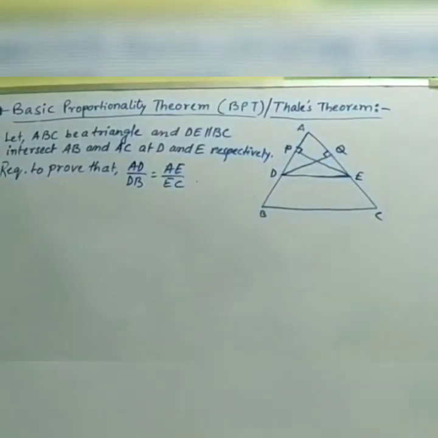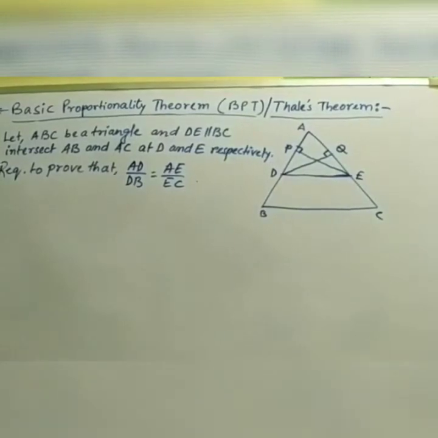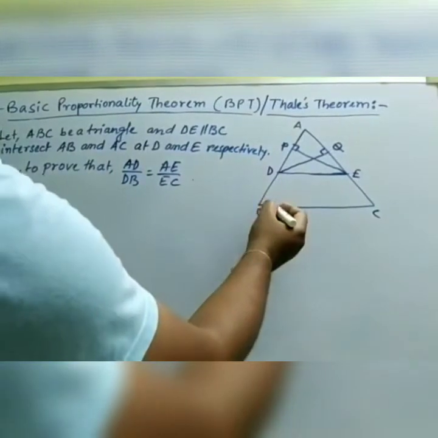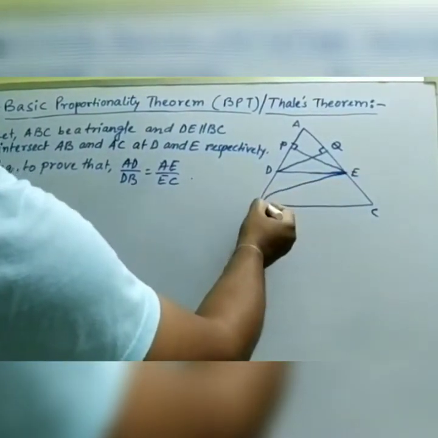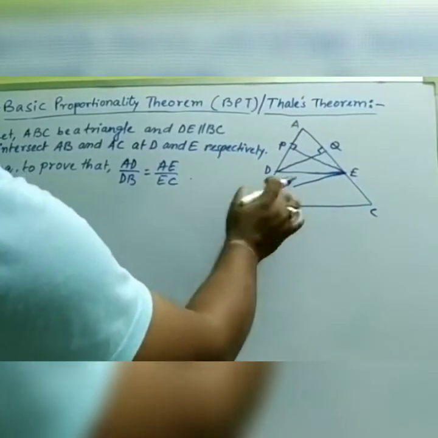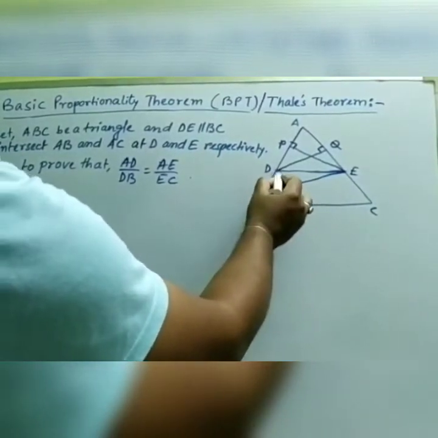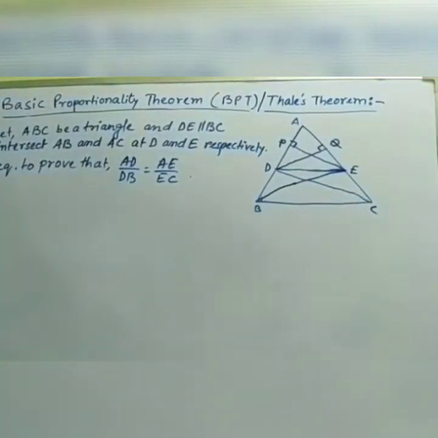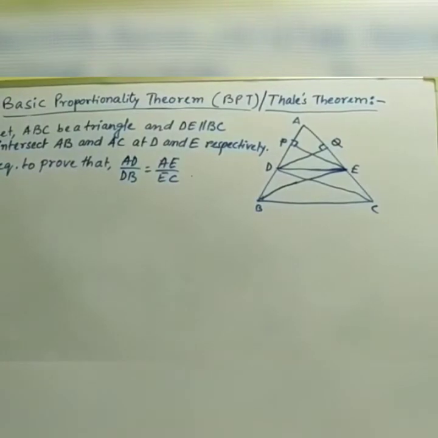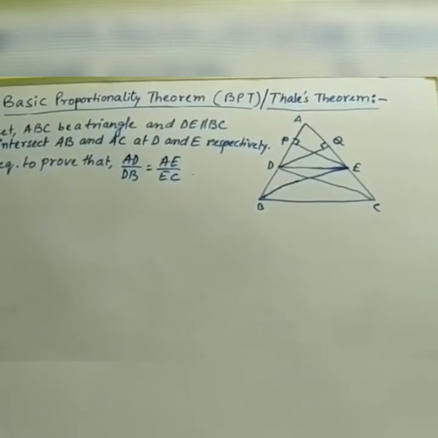So EP is perpendicular on AB, and DQ is perpendicular on AC. After that we will join these two corners, that is EB and DC. Okay, so we have joined the two diagonals, BE and DC.